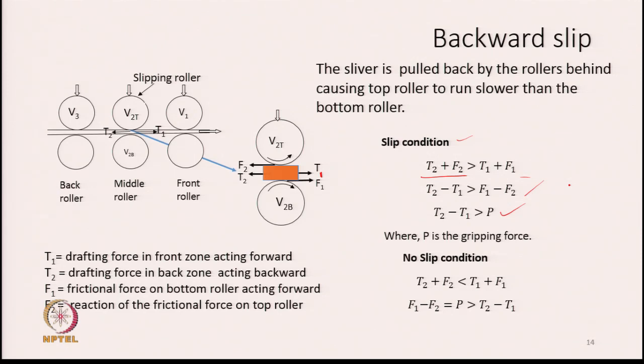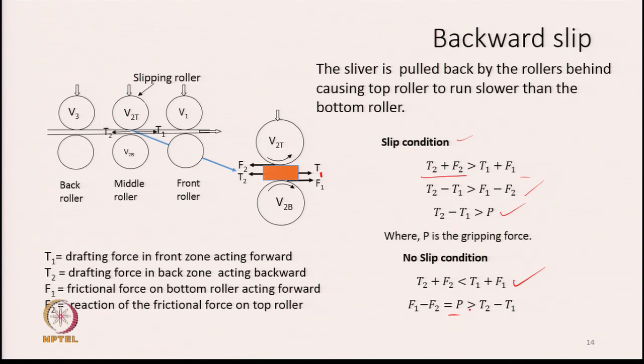The no slip condition will be just opposite: T2 plus F2 should be less than T1 plus F1, and F1 minus F2, which we call P, the gripping force, should be greater than T2 minus T1. So, if gripping power overcomes the difference T2 minus T1, then there is not going to be any slip.